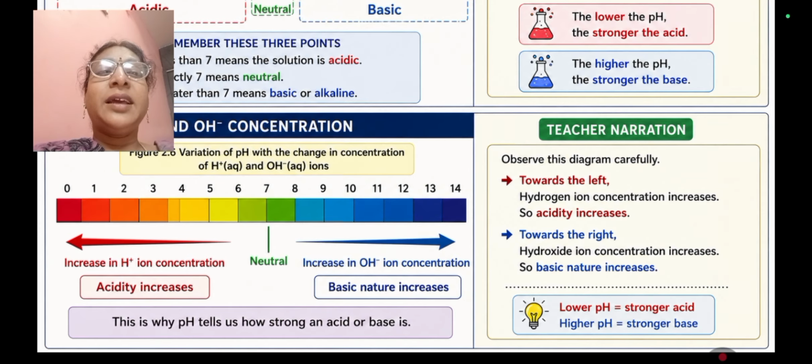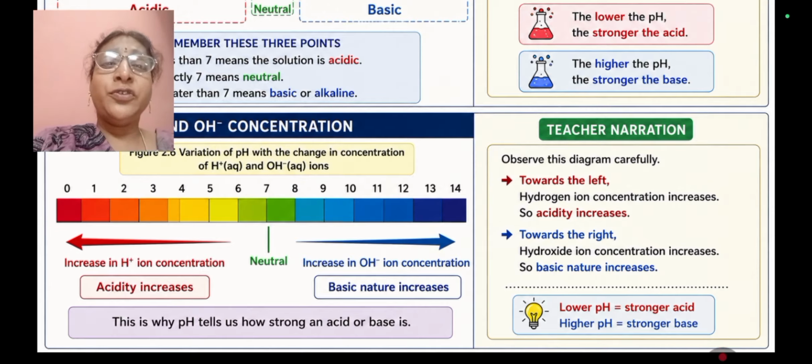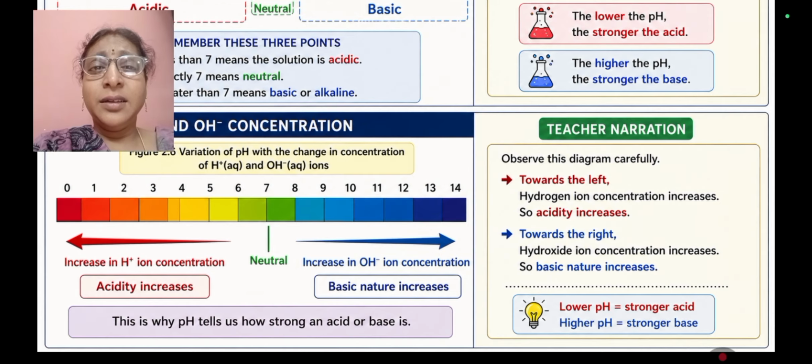In this case, the concentration increases from 6 to 0. The lowest value is the strong acid, which contains a strong H plus ion concentration.